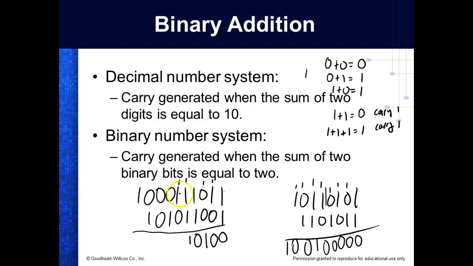Yeah. 1 plus 1, 0 with a carry 1. 1 plus 1, 0 with a carry 1. 1 plus 0 plus 0, 1. 0 plus 1, 1. And I guarantee if you converted those over to decimal, that would be the right answer.